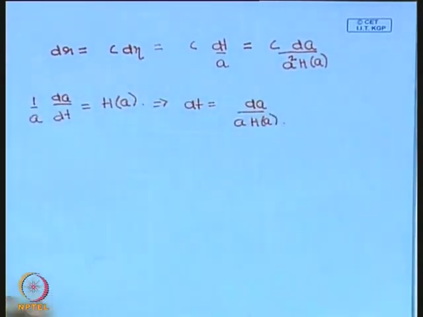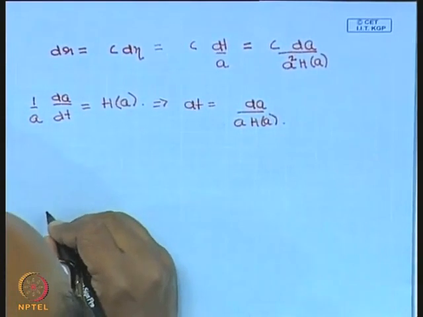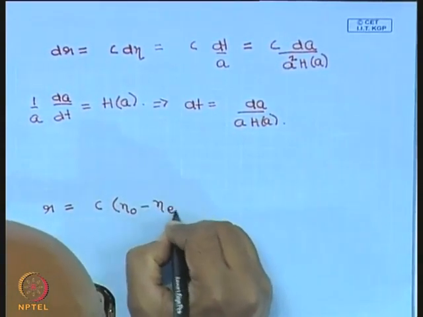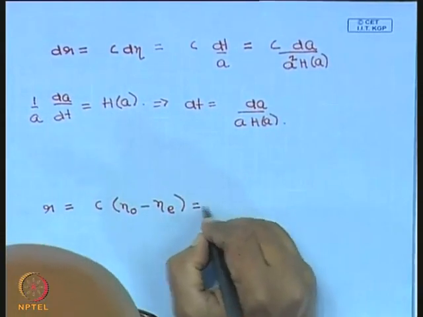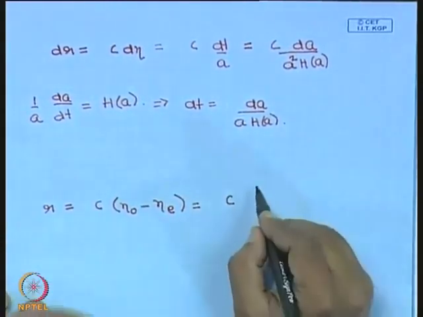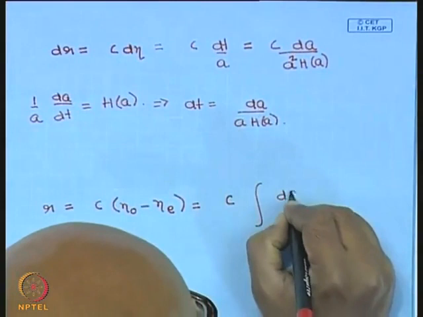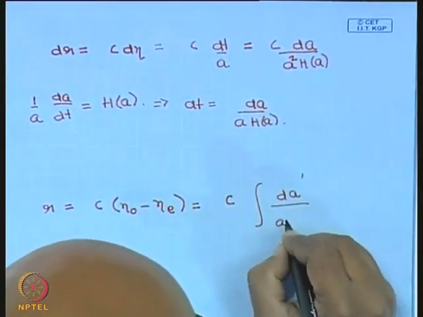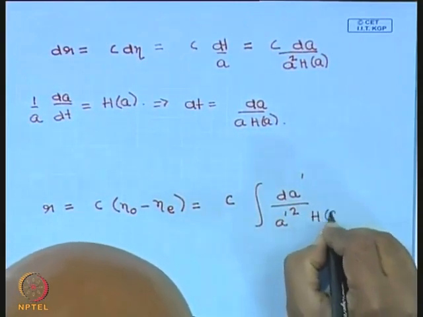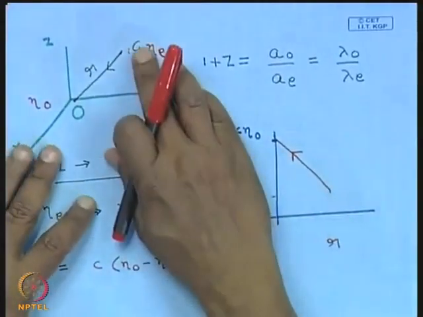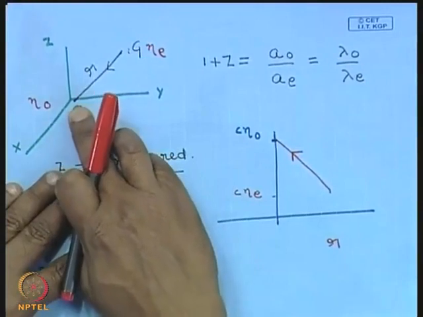This integral will give us r equal to c eta observed minus c eta emitted, which is equal to c, let me keep the factor of c, times the integral over the scale factor of da prime by a prime squared H of a prime, and the limits are the value of the scale factor when the light was emitted and the value of the scale factor when the light is observed.